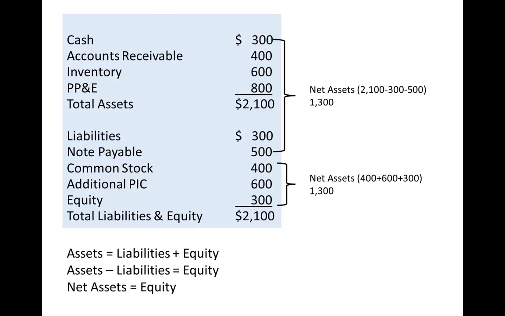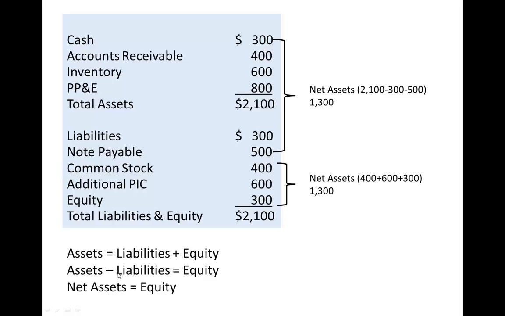Another thing we need to identify is, in the previous slide, I mentioned fair value of net assets and book value of net assets. Well, what is net assets? If we take the basic accounting equation, assets equal liabilities plus equity, we move the liabilities over, we get assets minus liabilities equal equity.